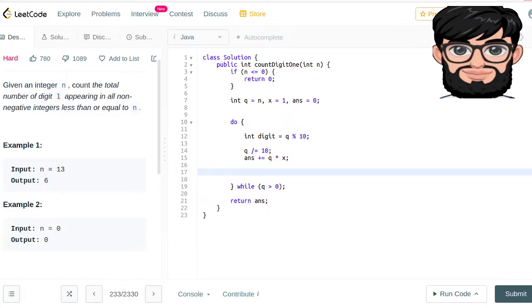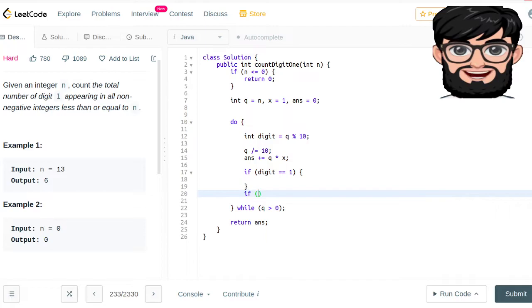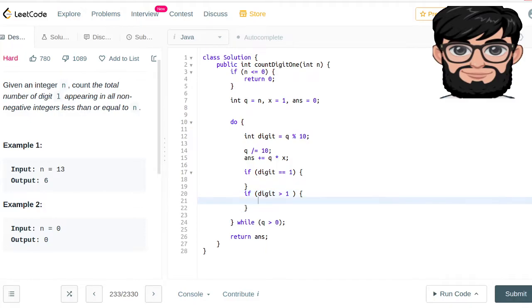And then we have two things. What if the digit is equal to 1, and the other one is if the digit is greater than 1. If the digit is greater than 1, then what we're gonna be doing is, we're gonna say answer gets x added to it.